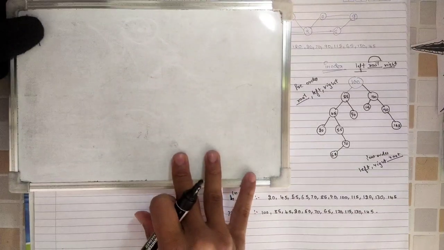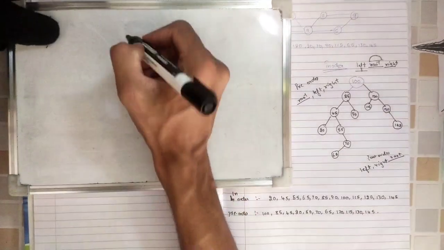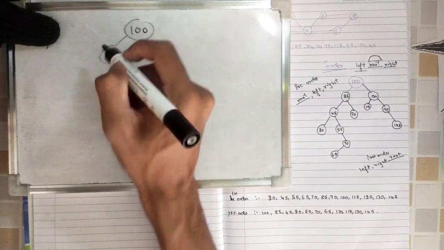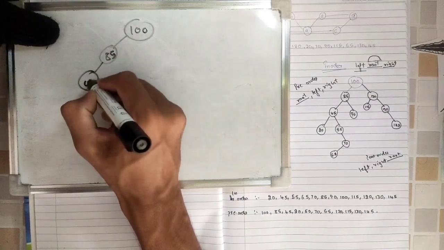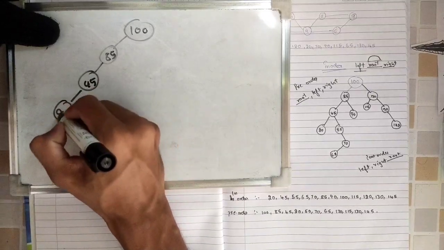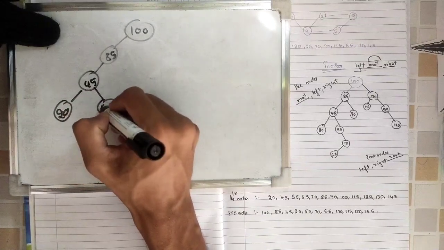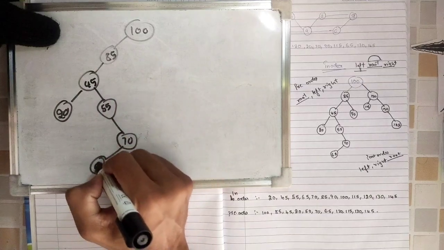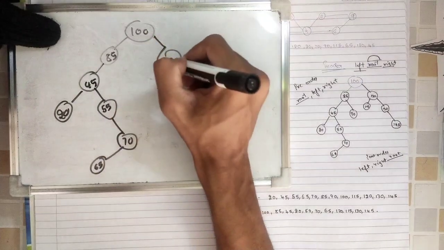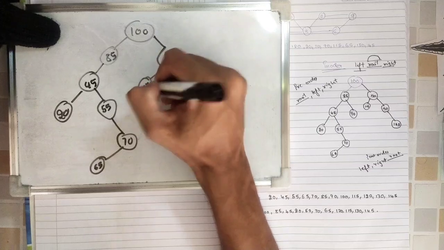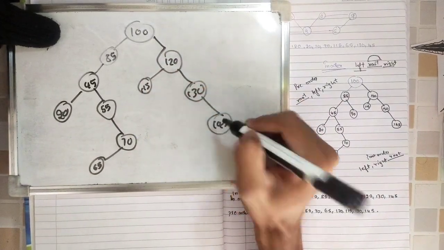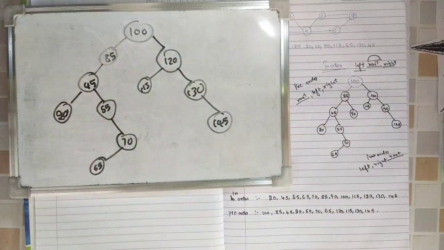So let me just draw 100, 85, 45, 20, 55, 70, 65, 120, 115, 130, 145. So remember my root will be last, so obviously my 100 should come last itself, that thing I can know.